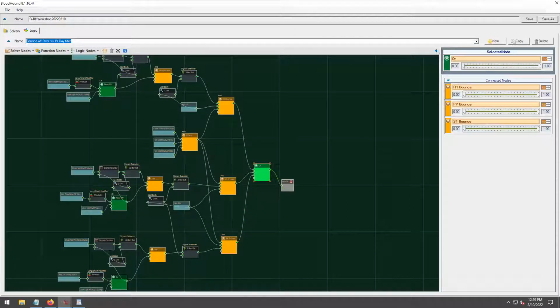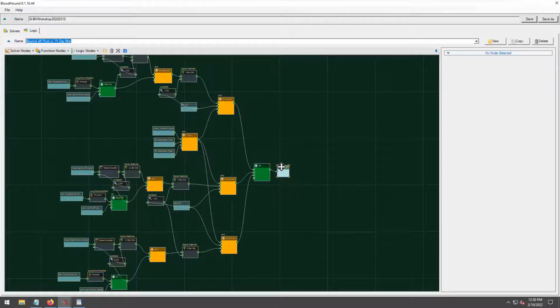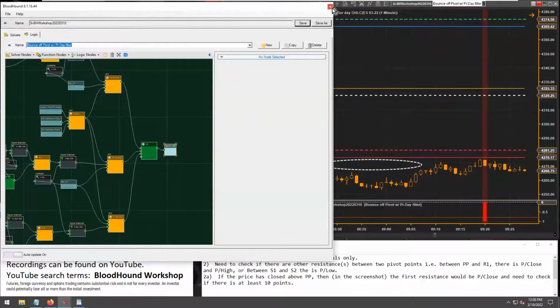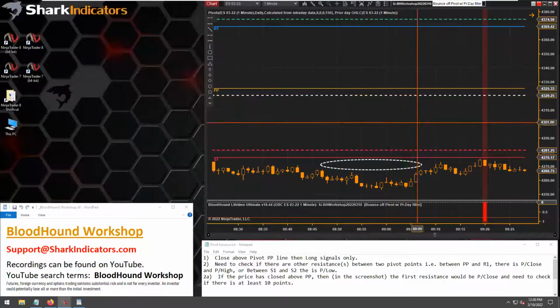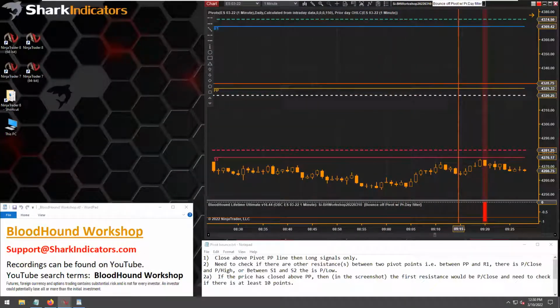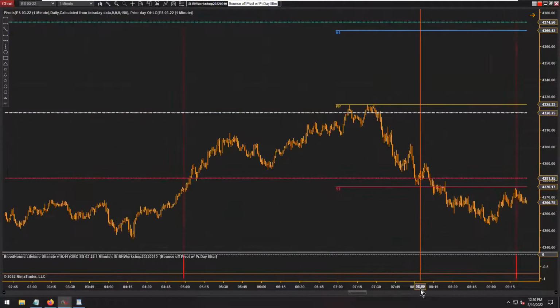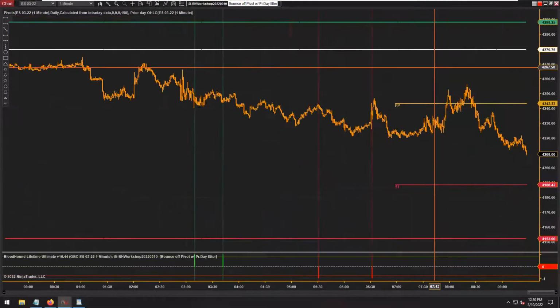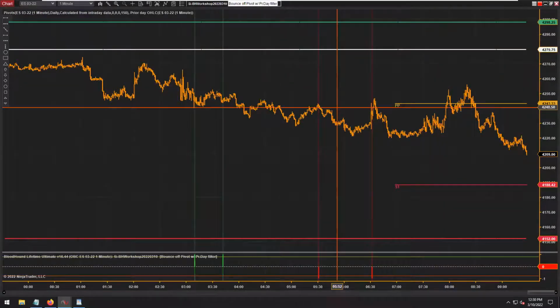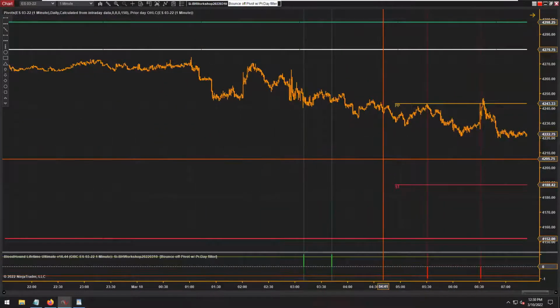There. All right. Yeah. So let's take a look at the chart. Let's see what we have. All right, let's go back to the beginning of the chart and take a look here.